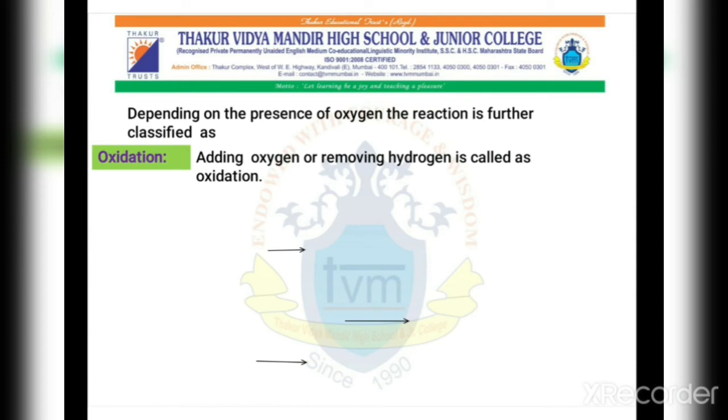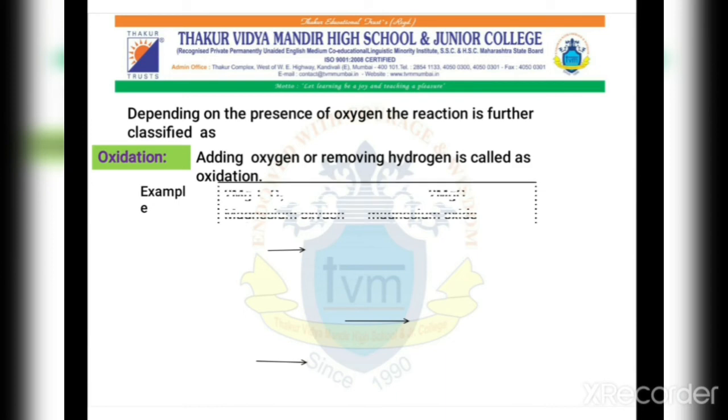Let us understand it with the help of these examples. First one, magnesium combines with oxygen and forms magnesium oxide. Magnesium formula is Mg, the oxygen is added in it, and we are getting MgO, that is magnesium oxide. So in this reaction, magnesium is reacting with oxygen and addition of oxygen takes place.